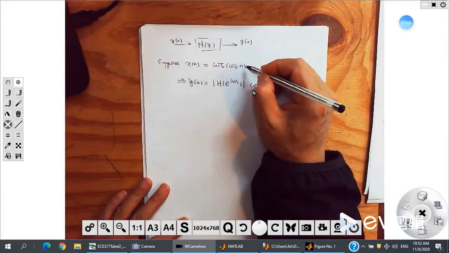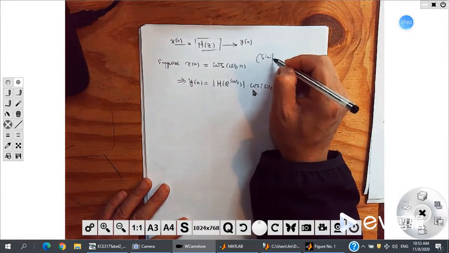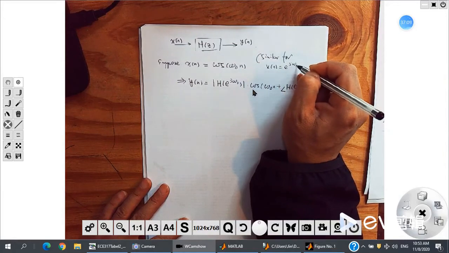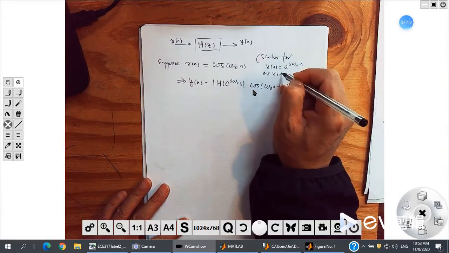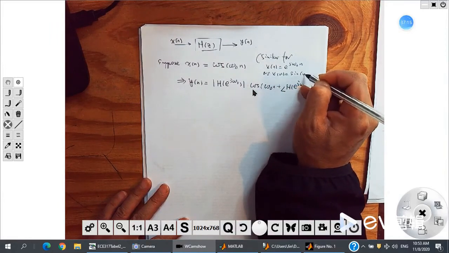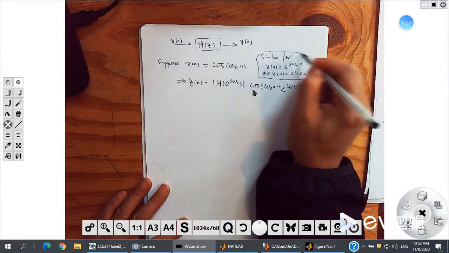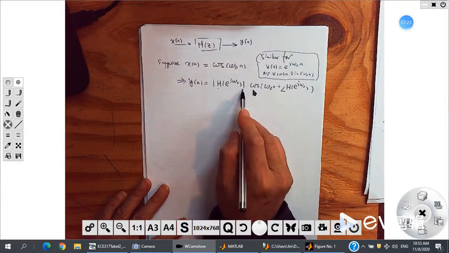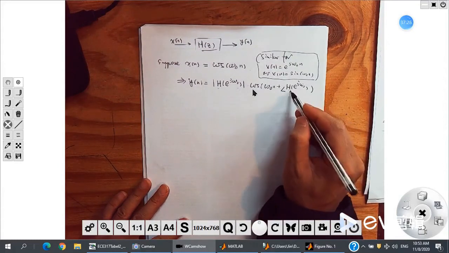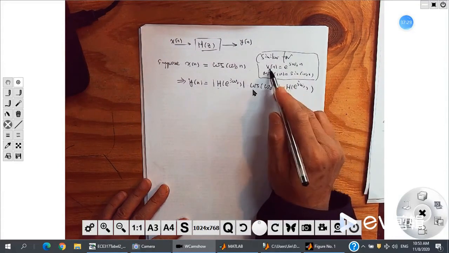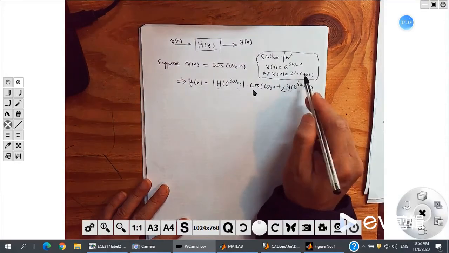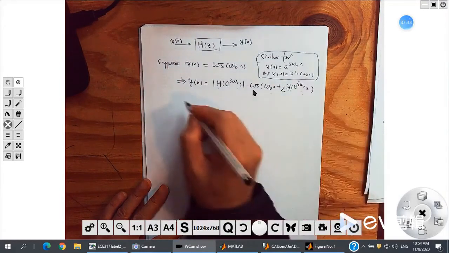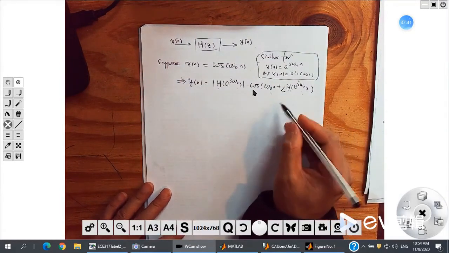Similar for x[n] equal to e^jω0 n, or x[n] equal to sine of ω0 n. You change the magnitude by multiplying by this amplitude, and you add a phase angle inside the cosine, sine, or exponential power. Then we can look at how it looks.